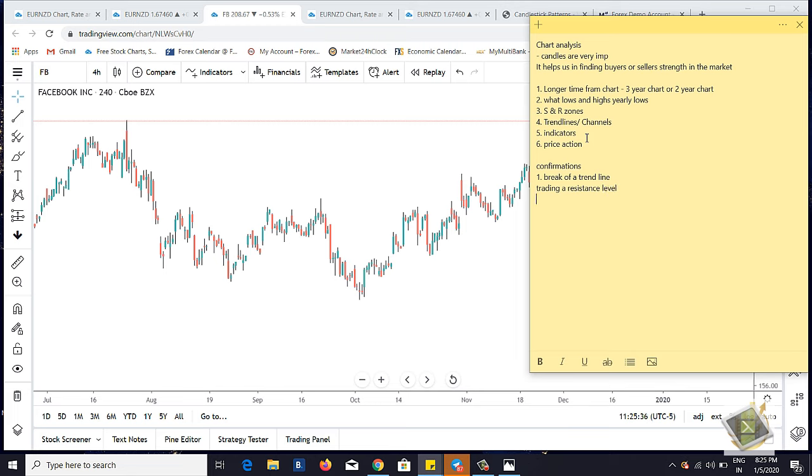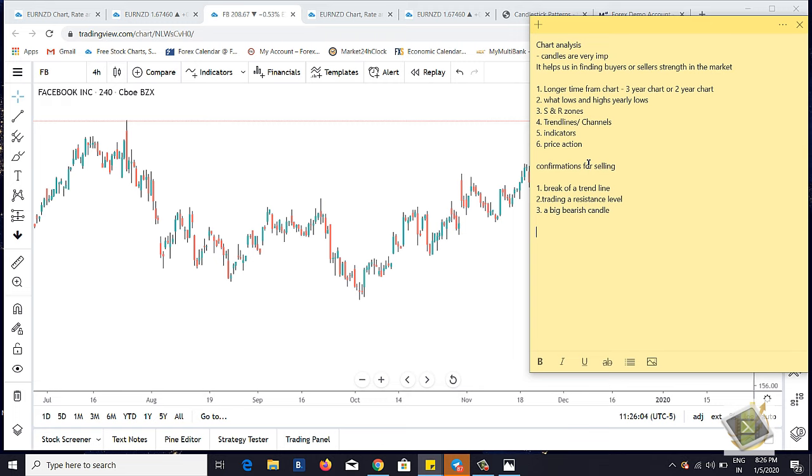The third confirmation can be a big bearish candle, a red candle, like we saw. So these can be a few confirmations, 3 confirmations. This can be confirmation for selling. Same can be done for buying as well.